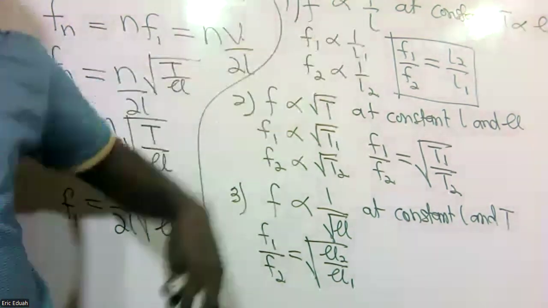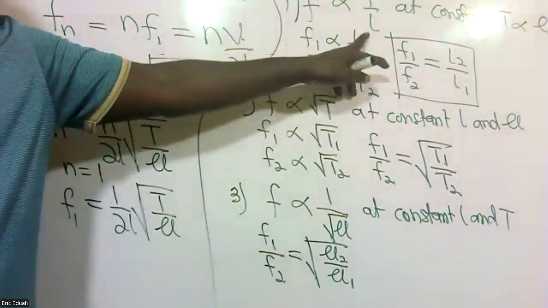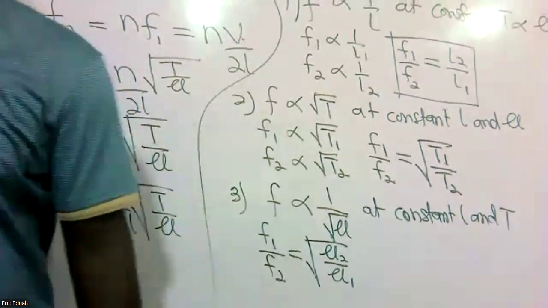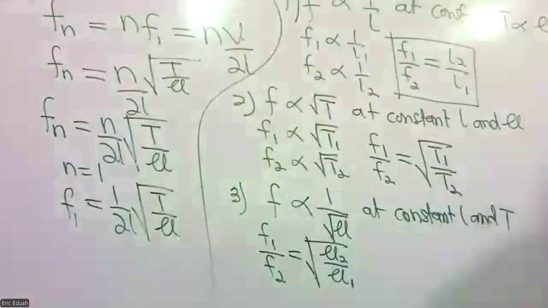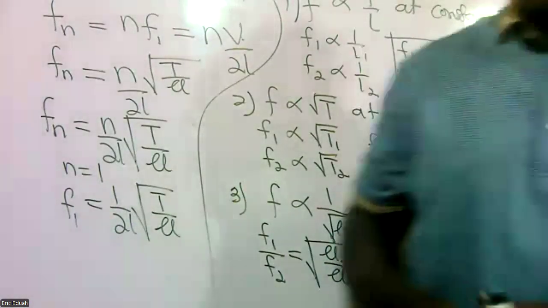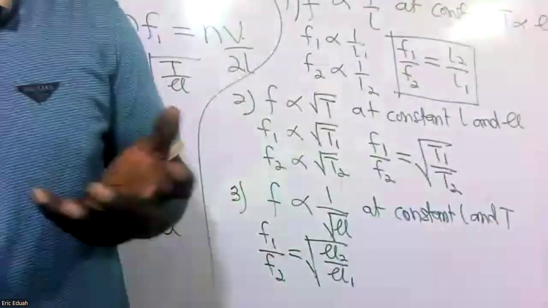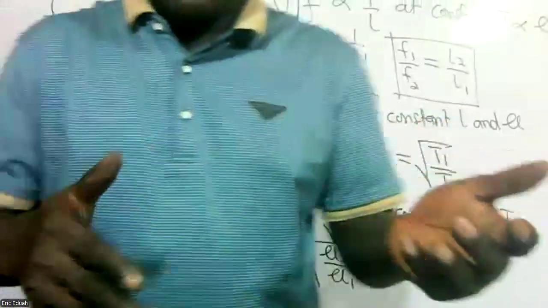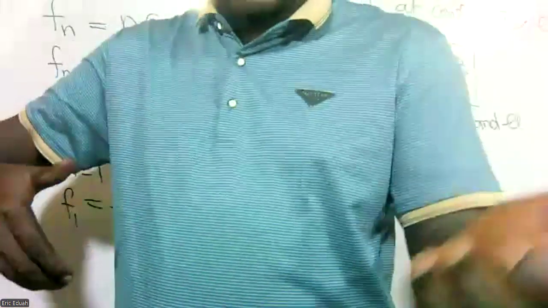So all that we are saying is that when you vary the length of the string, it will produce different frequencies. Practically, this explains why, when guitarists are playing, we have the whole length of the string.